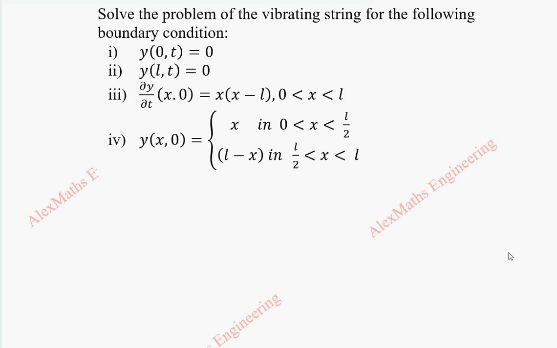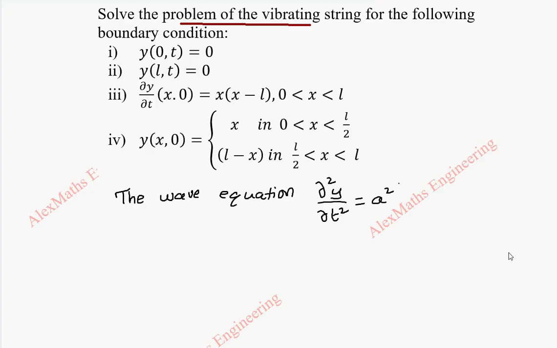In this video, they have given us the problem of the vibrating string for the following boundary conditions. Let's take the wave equation. The wave equation is ∂²y/∂t² = a² ∂²y/∂x². And we have a suitable solution for this.